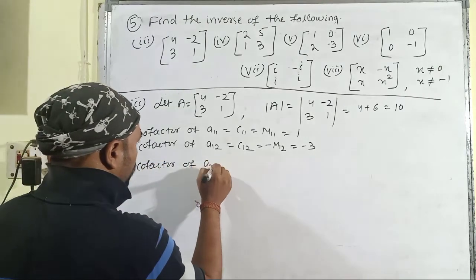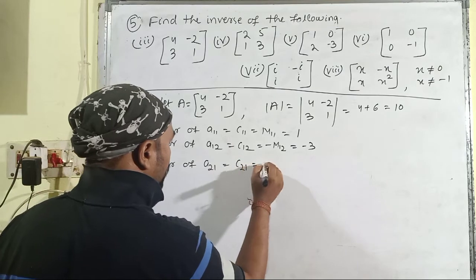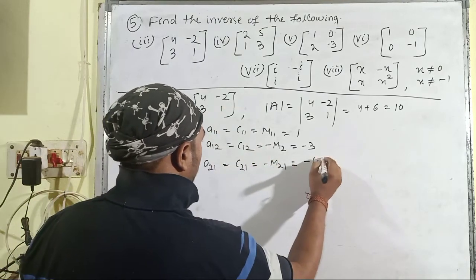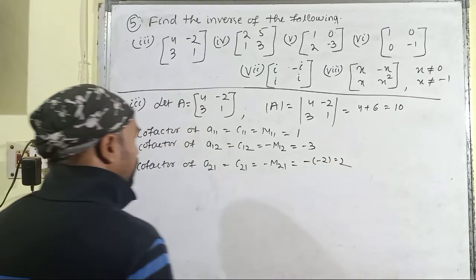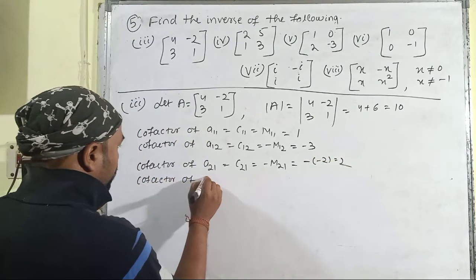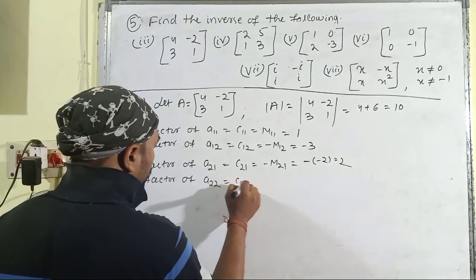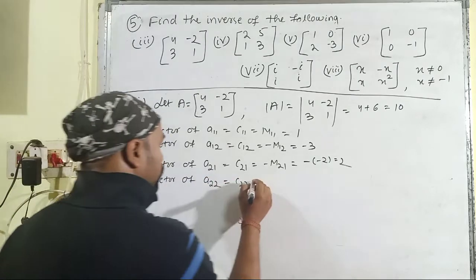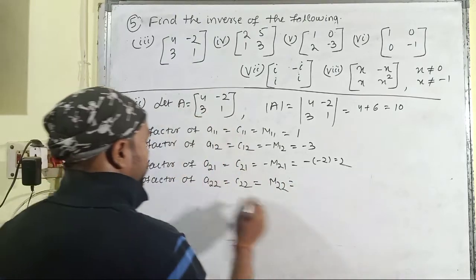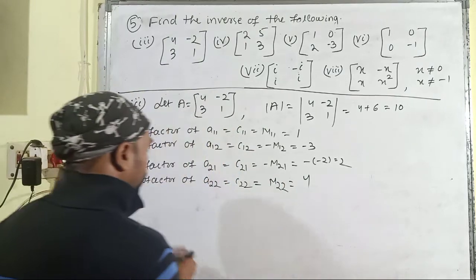Cofactor of A21, which is equal to C21, which is equal to minus M21, that is minus of minus 2, which is equal to plus 2. And then cofactor of A22, which is also equal to M22, the opposite value, and that is equal to 4.